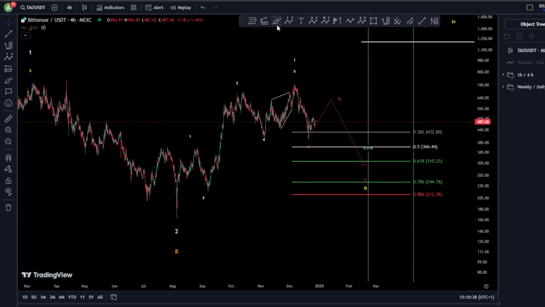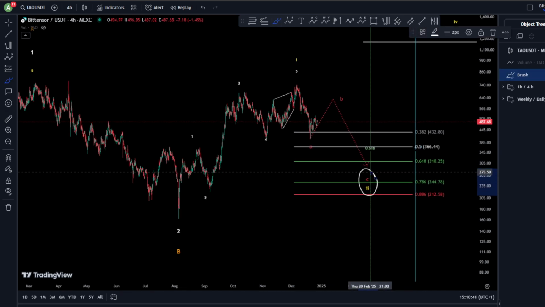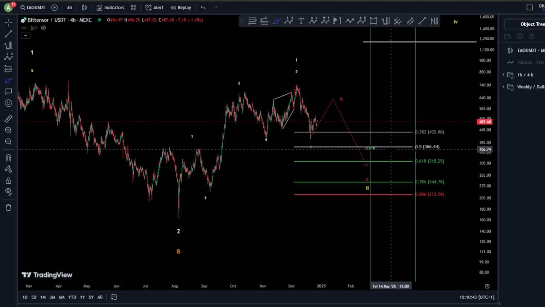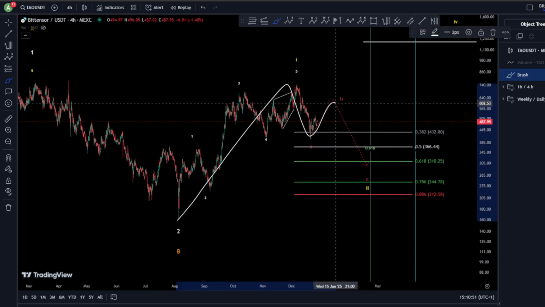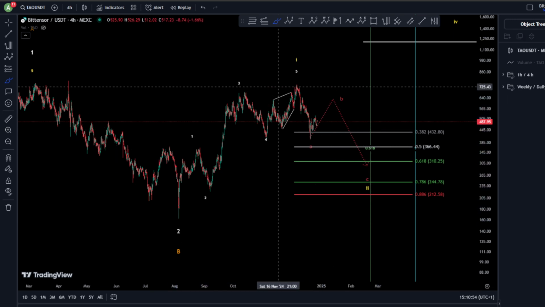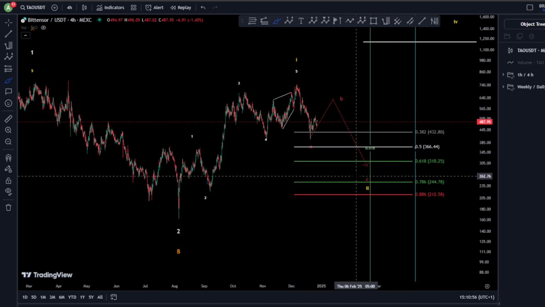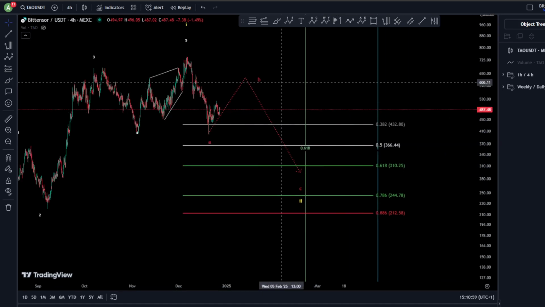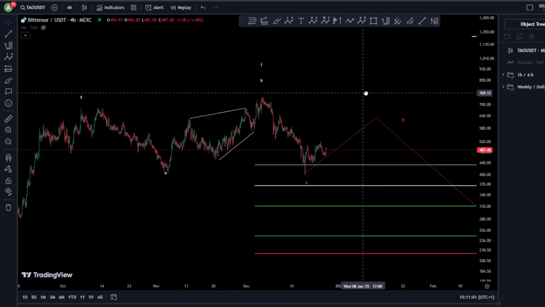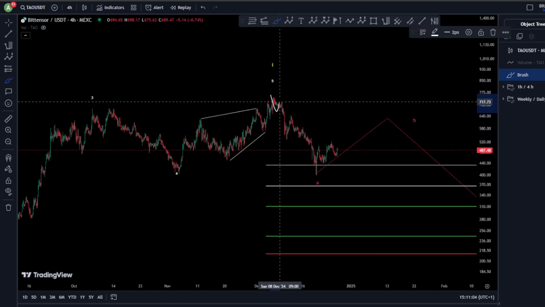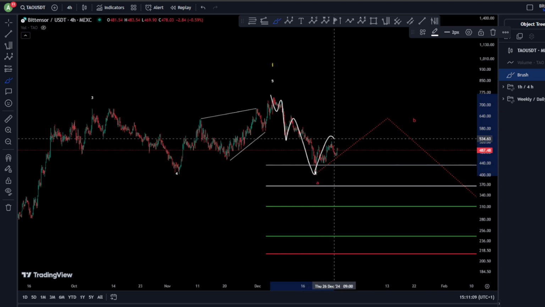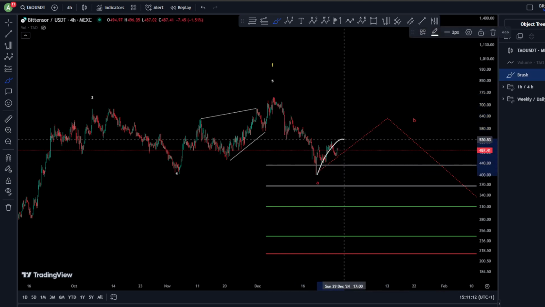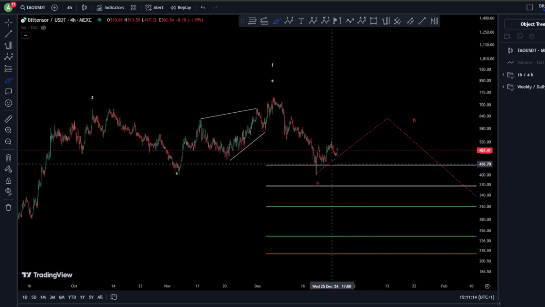So if we are in a 1, a 2, and we are looking to hit the wave 2 in this 0.618 fib time around the 21 February 2025, it is preferable to have 3 perfect waves towards the downside, A, B, and a C as a zigzag. Why as a zigzag? Because this already looks like an impulse, guys. And I already mentioned this before as 1, 2, 3, 4, and a 5, a very extended wave 5. And we are looking now for higher a little bit because we have a wave B to finish 3 waves toward the upside.